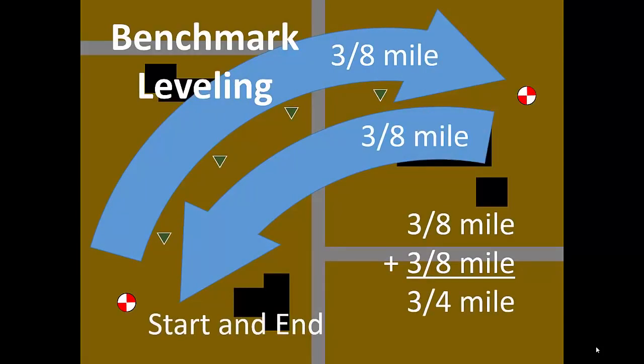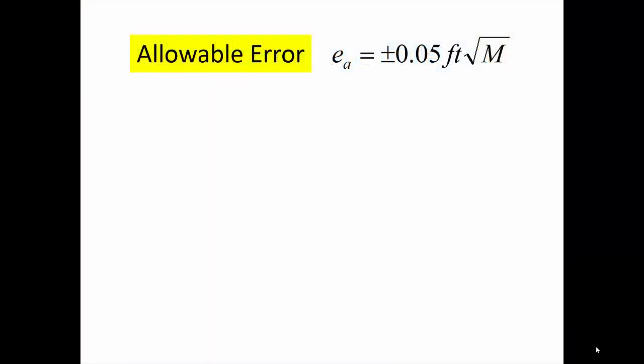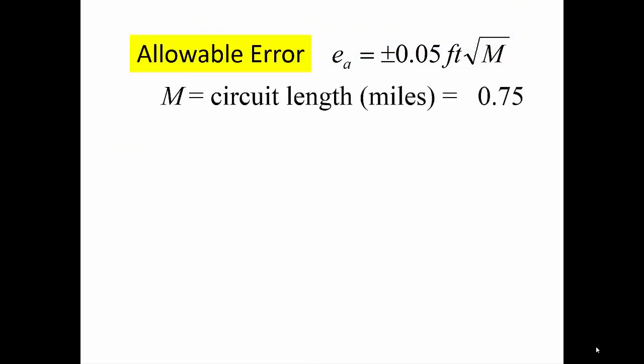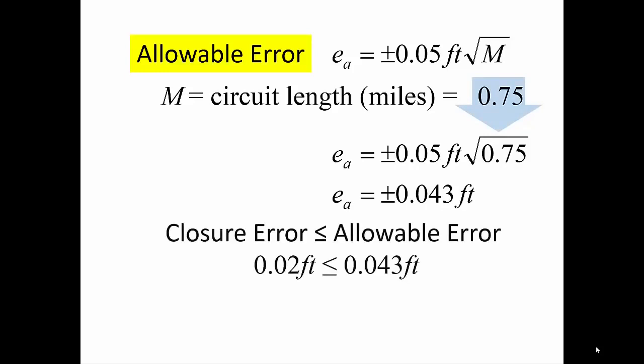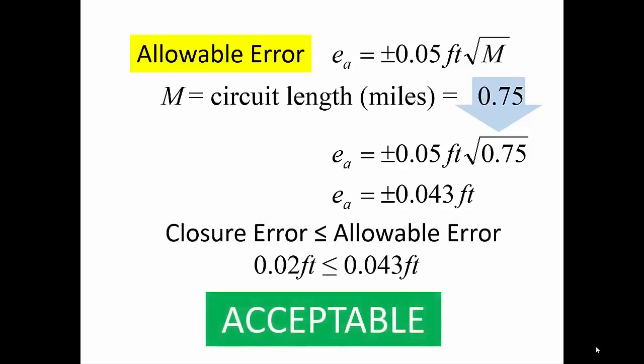The allowable error computation has just one input, circuit length. In this case, 3/4 or 0.75 mile. The result is plus or minus 0.043 feet.